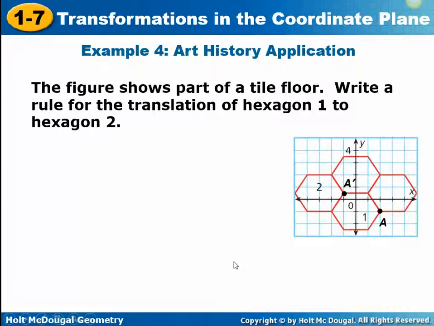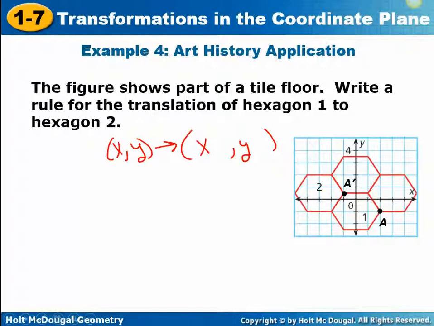Okay, one more example to do is just an application. This is part of a tile floor. You may see these in older bathrooms. Write a rule for the translation of hexagon 1 down here to hexagon 2 up here. How did they translate it? Let's see if we can figure it out. We're going to start by writing just a generic coordinate x, y, and then we write the arrow notation, and then we have to figure out how did x change, how did y change.